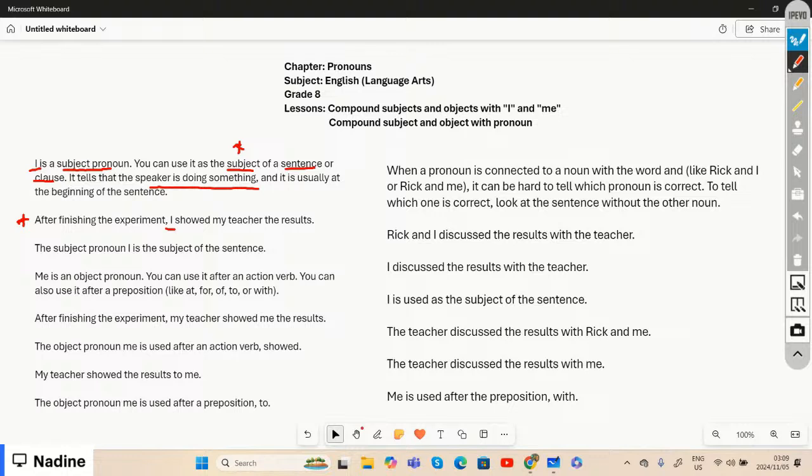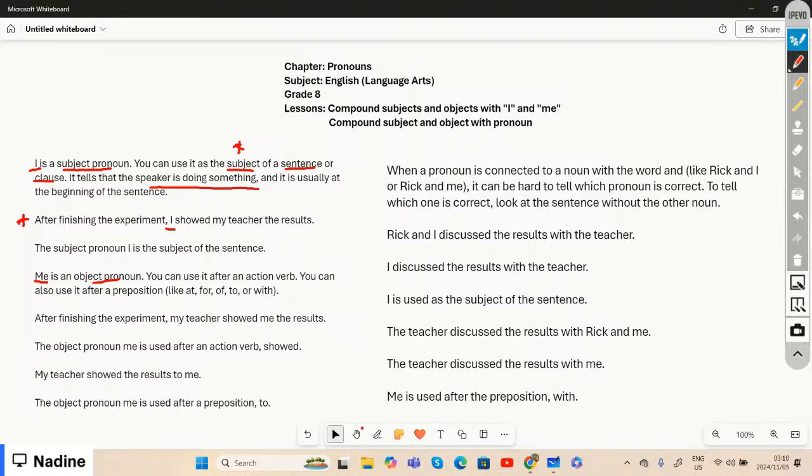All right. And then when it comes to our object pronoun, me is an object pronoun. So I is a subject pronoun, and it tells us who or what is doing something, the speaker is doing something.